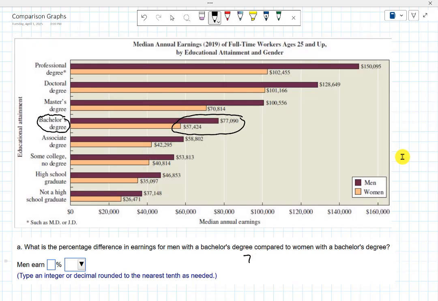So we'll take 77,090, and I'm going to subtract the amount women make, 57,424, and then I'm going to divide by the number for women, 57,424, and make it a percentage by multiplying by 100%.